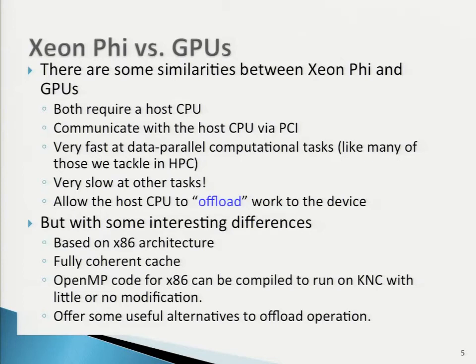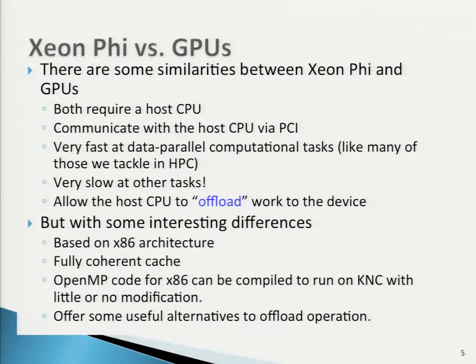And they both communicate with the host and with the communication network via PCI Gen 2. And they're very fast at data parallel computational tasks. Things like matrix multiplication, dense linear algebra, operations like the stencil operations, they can perform very, very well.